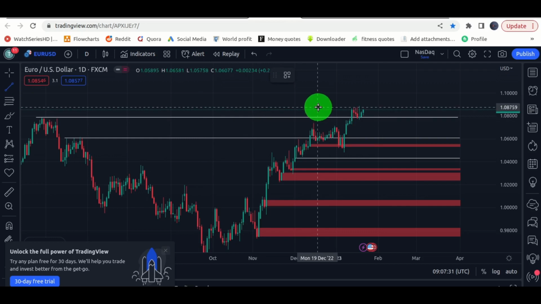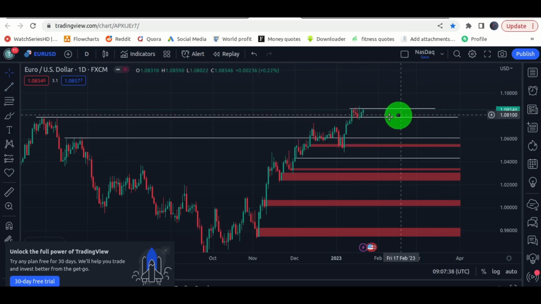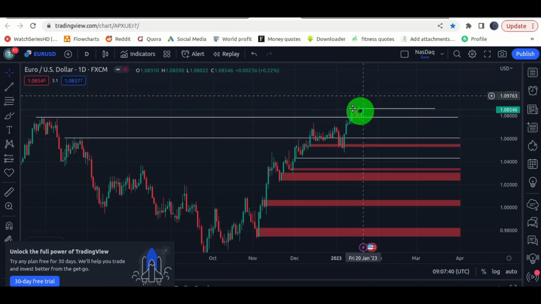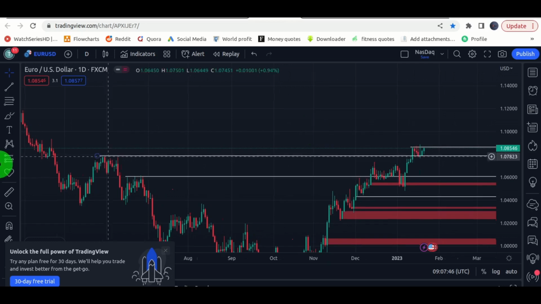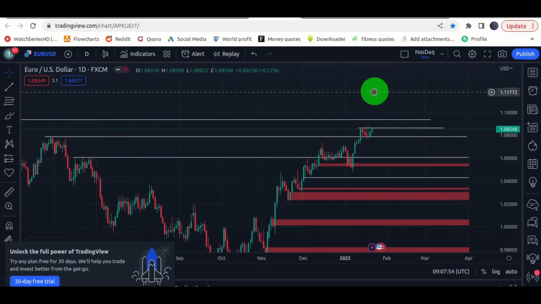I would advise you guys to watch how this plays. If it breaks this zone here, then yeah, you might consider buying it up until maybe that high. Yeah, Euro USD.